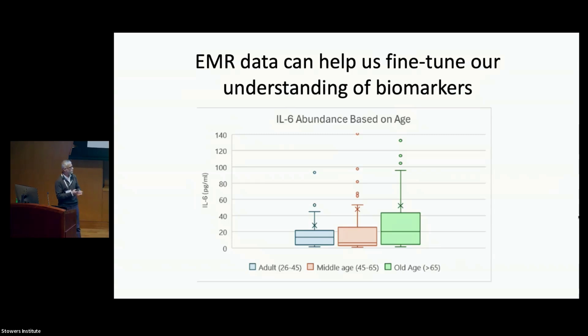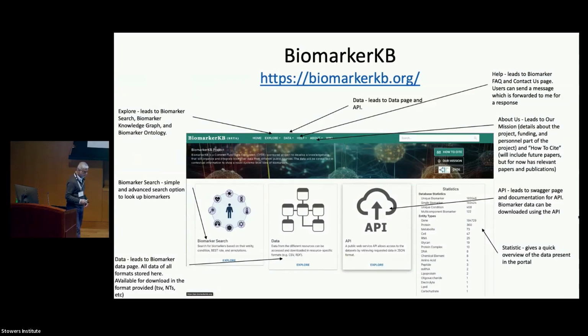So we're working with a couple of groups who are collecting data like this, and we're mapping our biomarkers to the clinical data, and we are slowly trying to understand, for those biomarkers which are already tests and are in the clinic, what's going on.